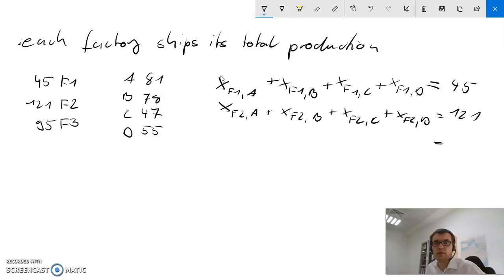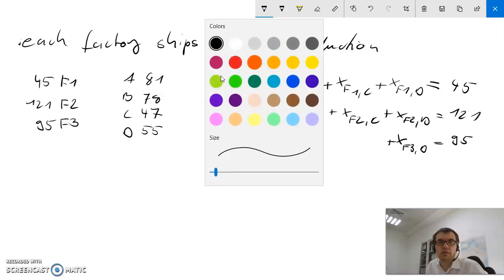And for F3 we produce 95 cases. So this is XF3 to A plus, just write it like this, F3 to D is 95.